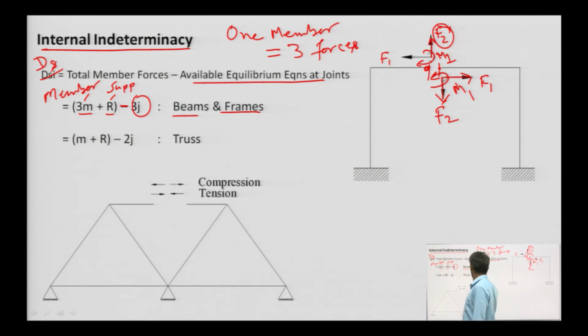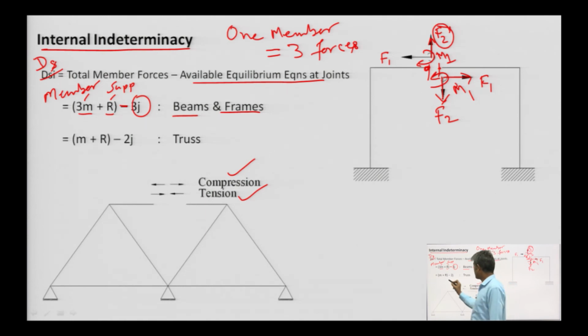In the case of beam and frame it is this, and in the case of truss, since every member of a truss can have either compression or tension, it means that one member in a truss can have only one force.